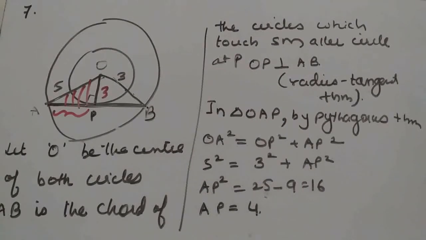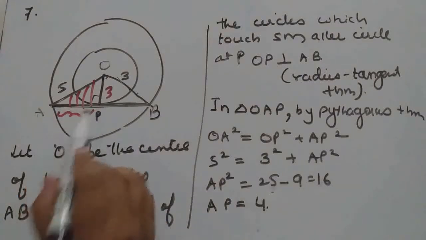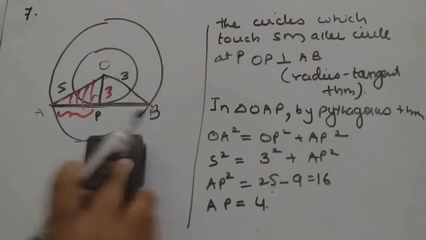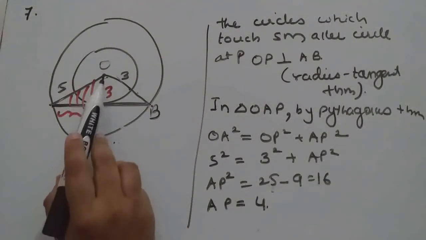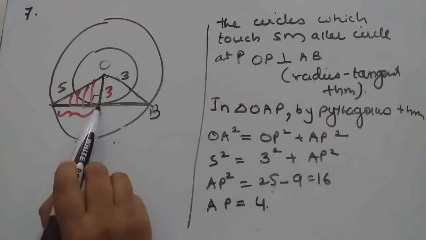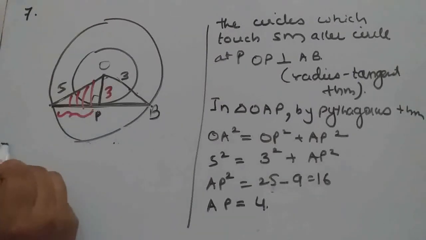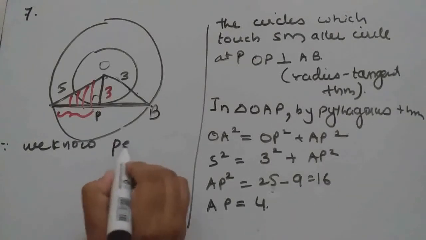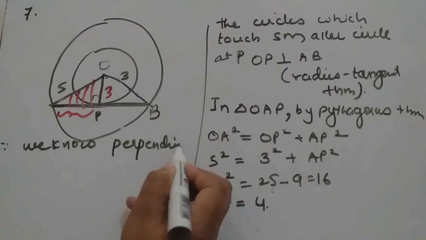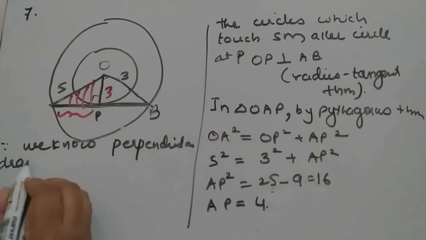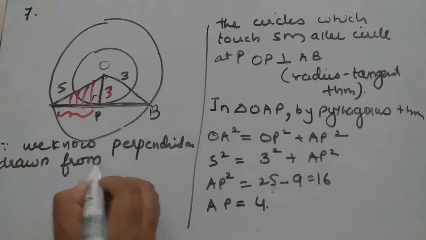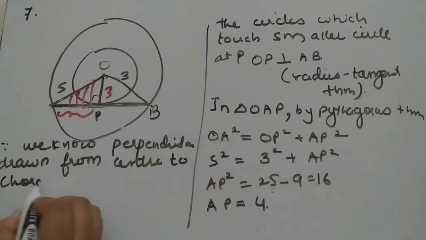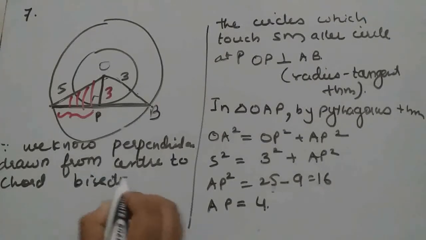Okay. Now AP is 4, but we know one theorem from class 9, that a perpendicular drawn from the center to the chord bisects the chord.